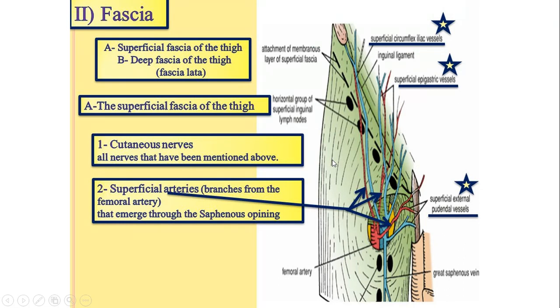Okay, then comes the fascia. When we see the fascia of the thigh, there are two types of fascia: one is the superficial fascia, and the other is the deep fascia.